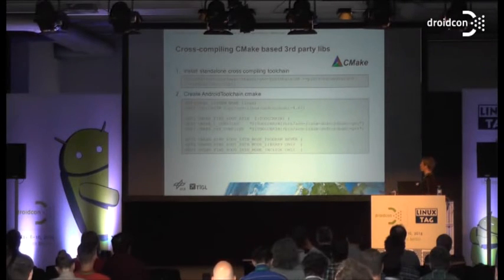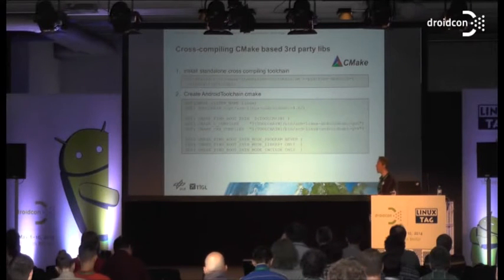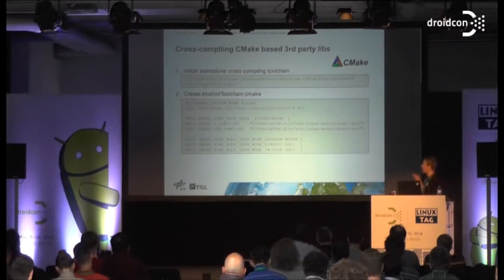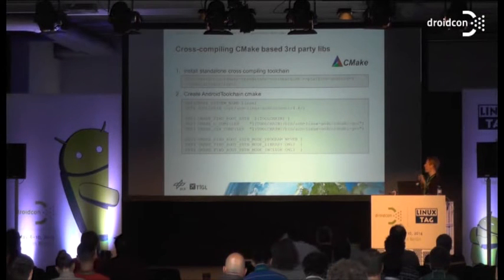And then you're creating a CMake file where you just define where your standalone toolchain is located, what your compilers are, and important are these last 3 lines of code, in order to prevent the compiler from using your native libraries, so your desktop libraries and your desktop interface. You should only use these includes and libraries from the standalone toolchain.